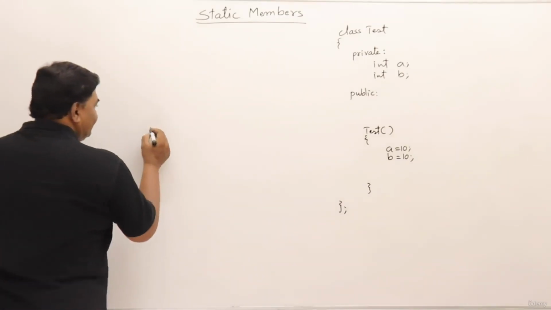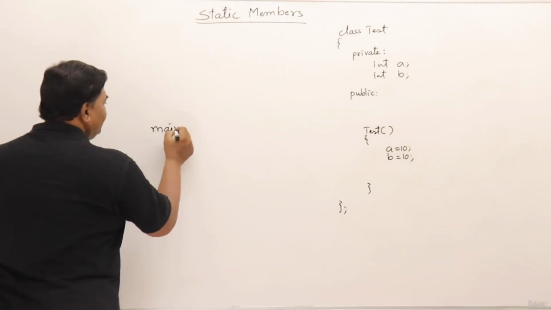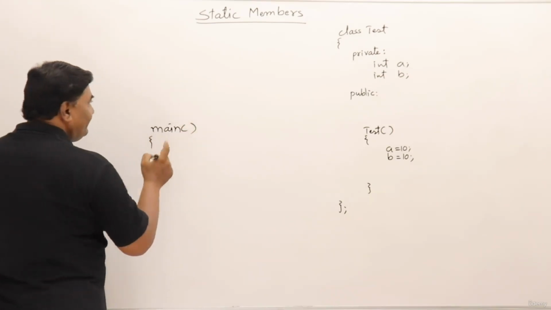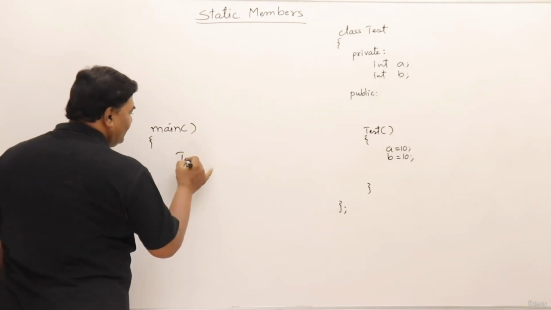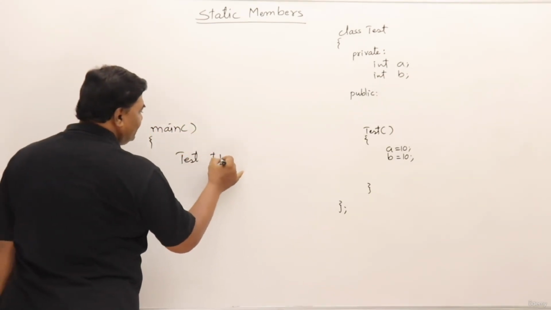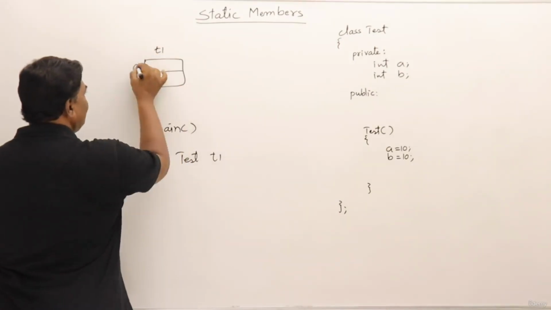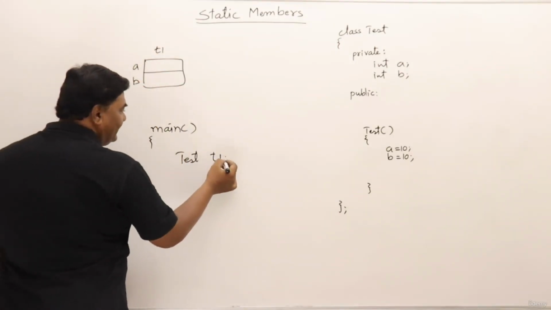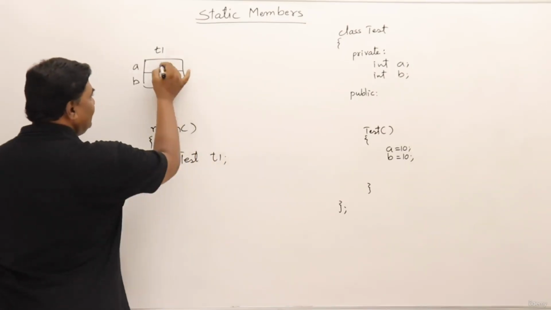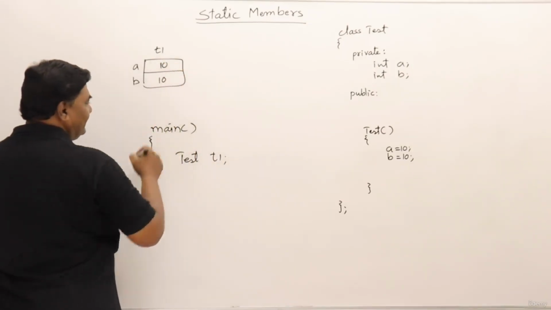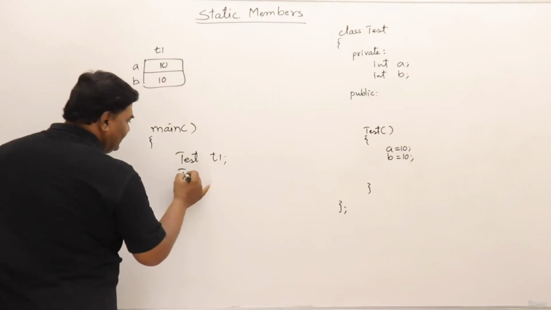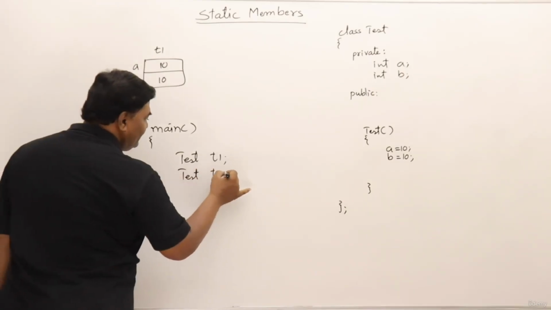Now, inside the main function, let me create objects of Test. If I create an object Test T1, then T1 will have A and B. When I create an object, the constructor is called and initializes them as 10 and 10. I'll create one more object, Test T2.